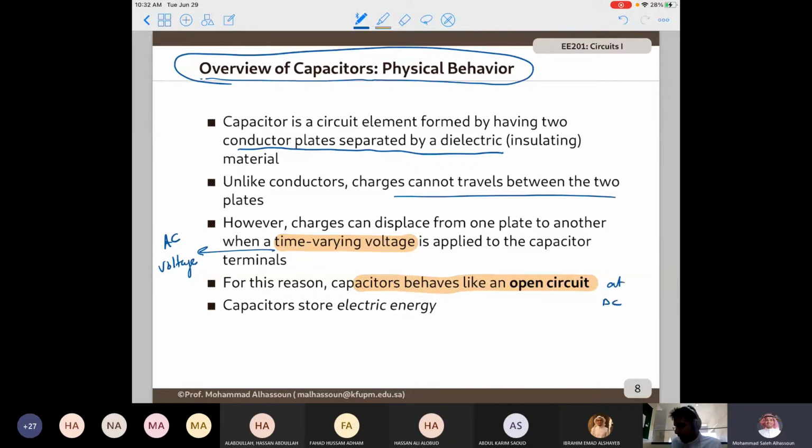Remember back, we said inductors at DC look like a short circuit. For capacitors, they look like open circuits.